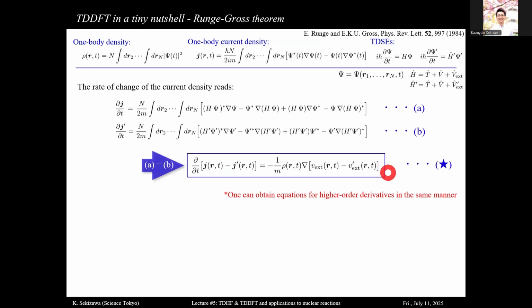So by taking the difference of these two, you can obtain this equation. And this is an important equation.